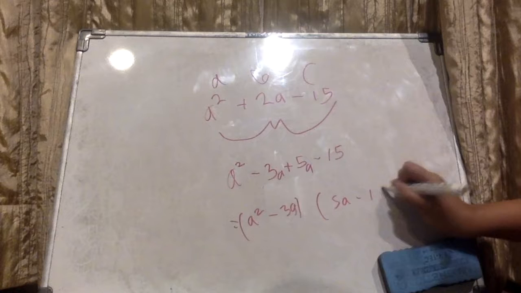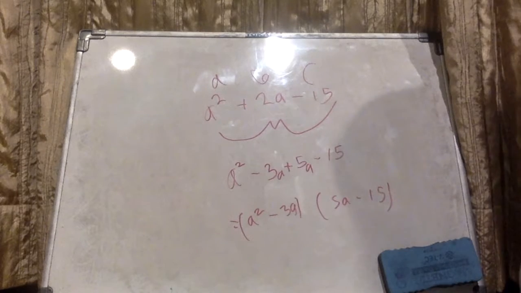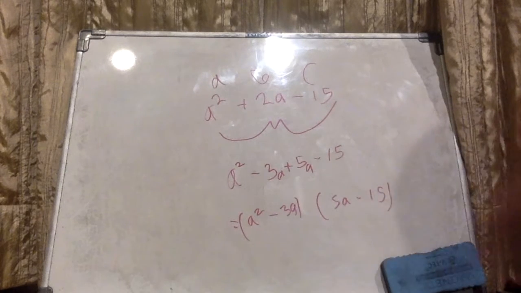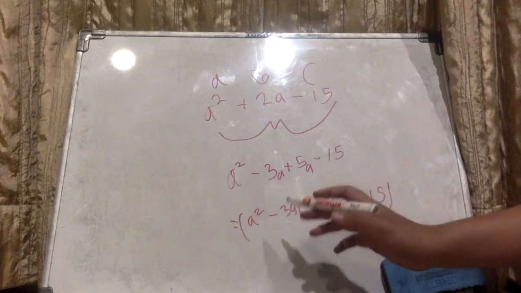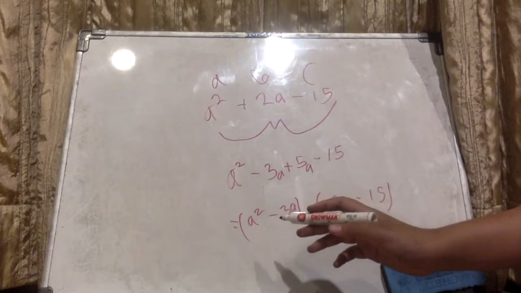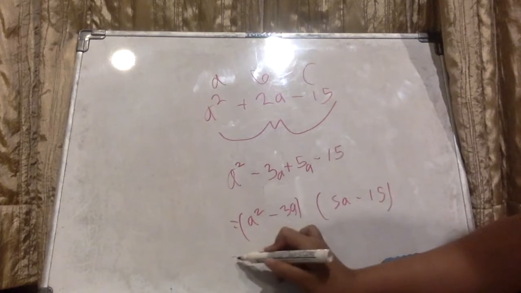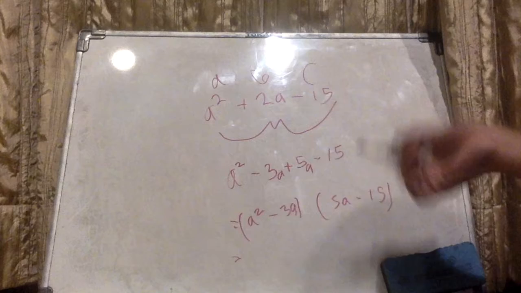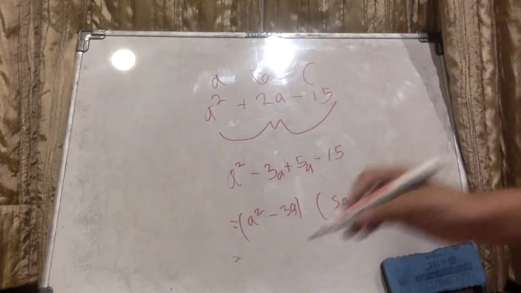5a minus 15. So we need to find what's in common between them. So what's in common between these? Let's try to find it. It's going to be x because it's 1.